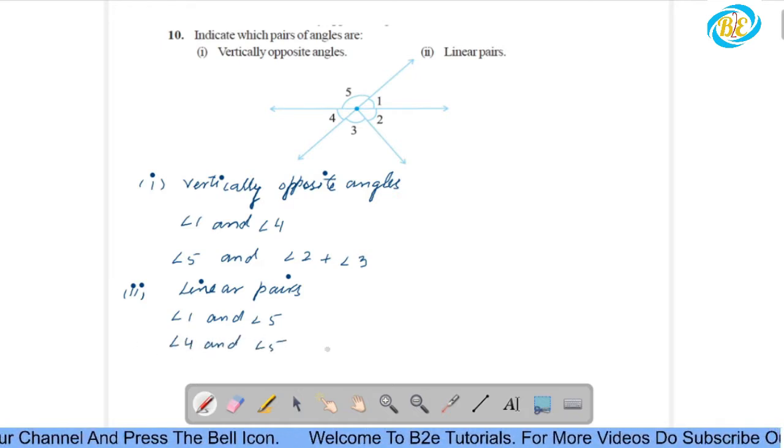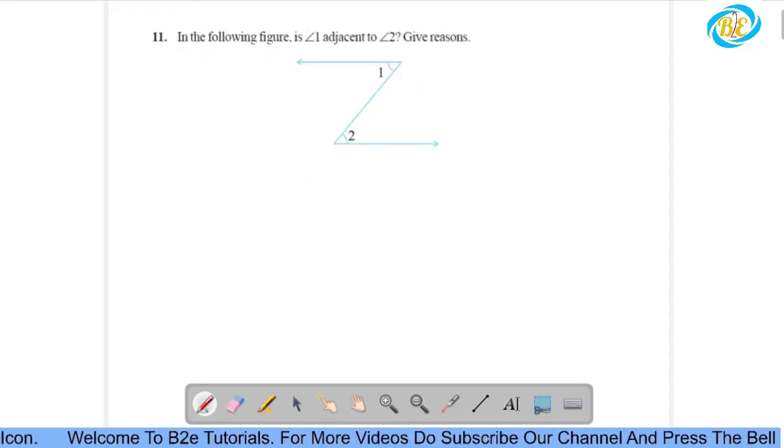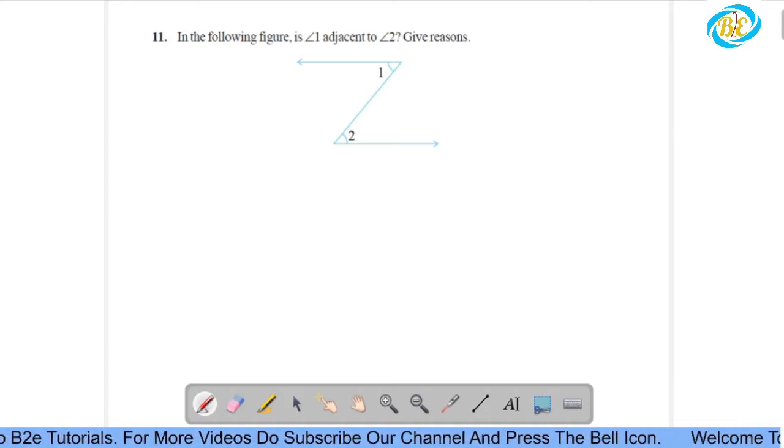Now come to next. Question number 11. In the following figure, is angle 1 adjacent to angle 2? Give reason.